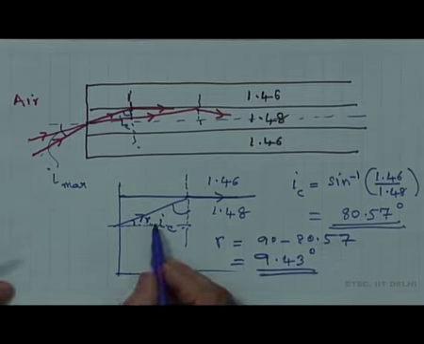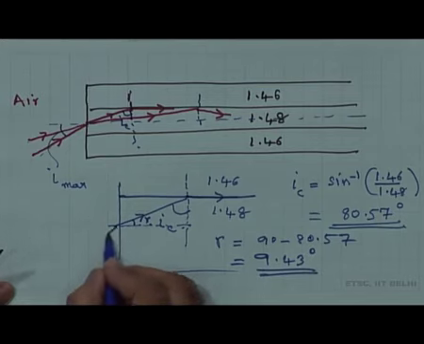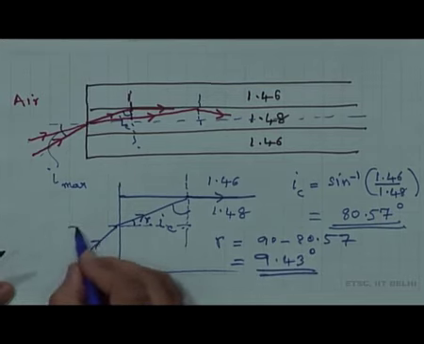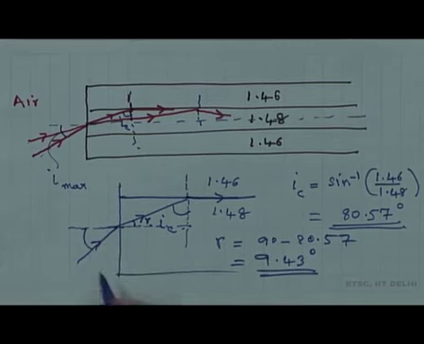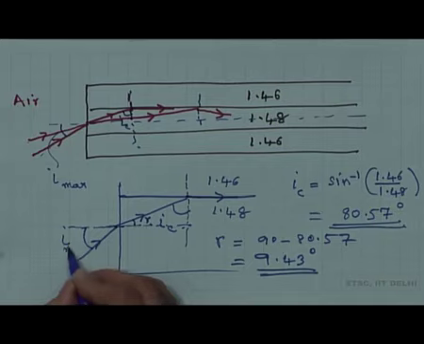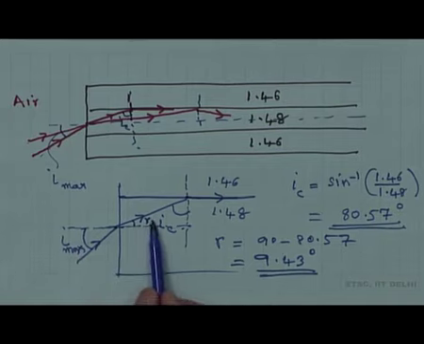Once I know R, I can determine the I max angle which is coming here. We simply apply Snell's law for this interface. I know this R, and therefore, I can determine I max.